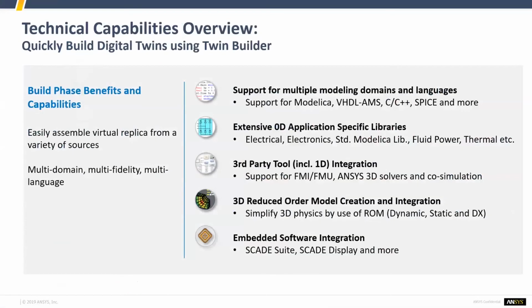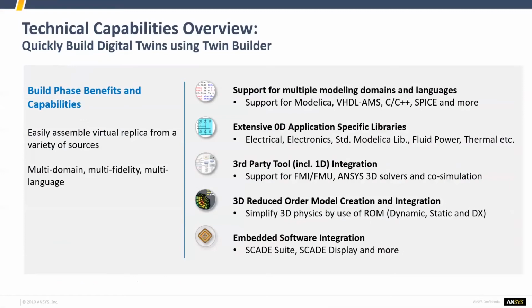Talking about some key capabilities, getting a little bit deeper into the technology side. On the build phase, we allow our customers to build a number of system models by using a number of different domains and languages. Modelica plays a very big role in that, and the hydraulic and fluid power library is also based on the Modelica language.